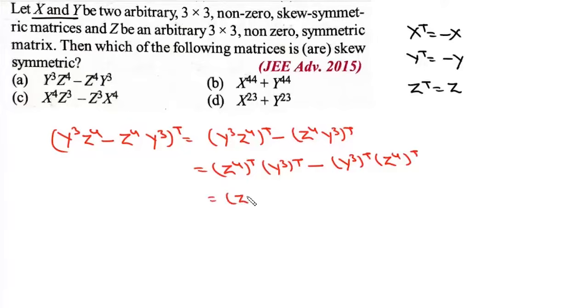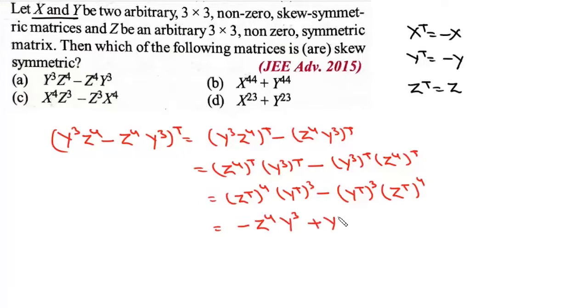So there will be z transpose to the power 4 y transpose cube minus y transpose cube and z transpose to the power 4. Now z transpose is z and y transpose is minus y. So it will be minus z to the power 4 y cube, and here it will be plus y cube z to the power 4, which is y cube z to the power 4 minus z to the power 4 y cube. Now in this case, A transpose equals A. So this A is a symmetric matrix and not skew symmetric. So that means this option A is incorrect.